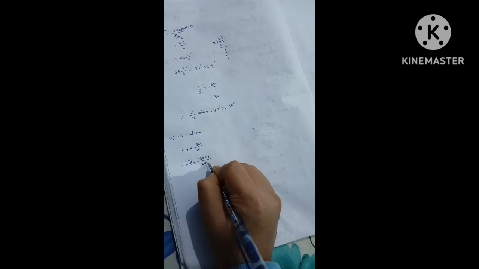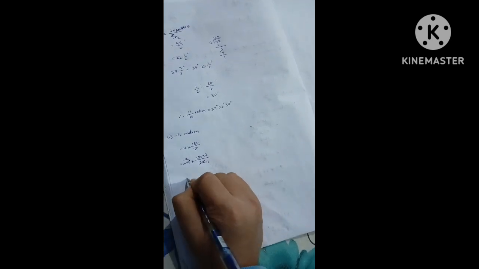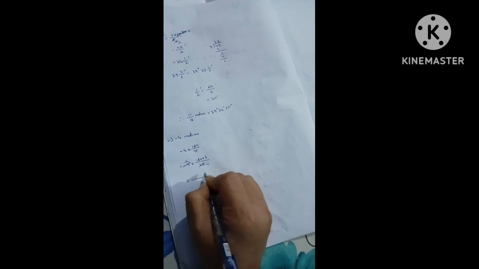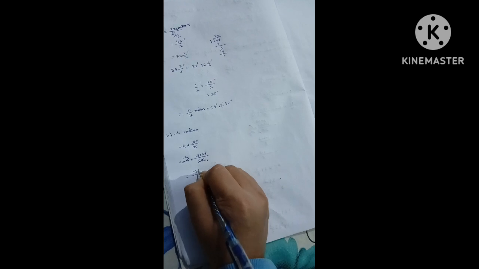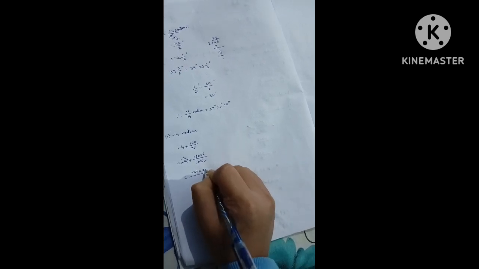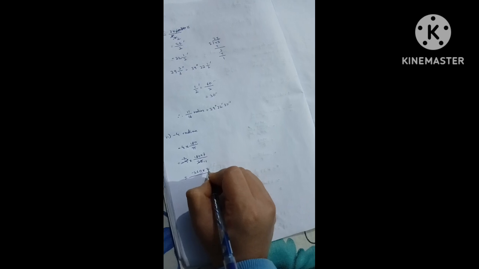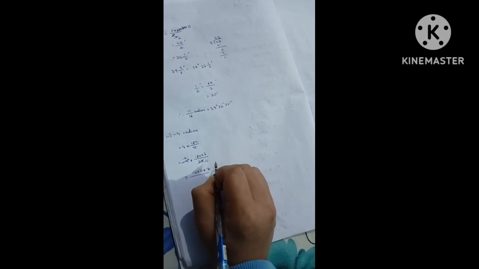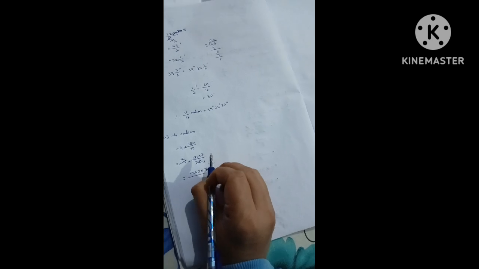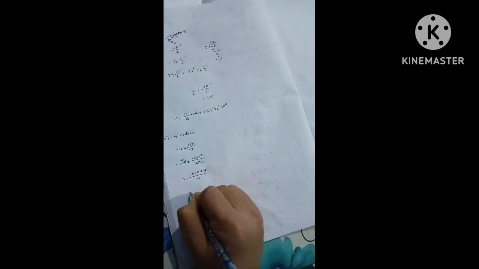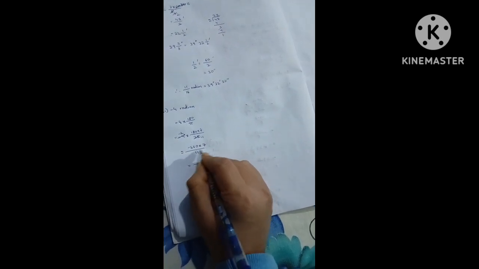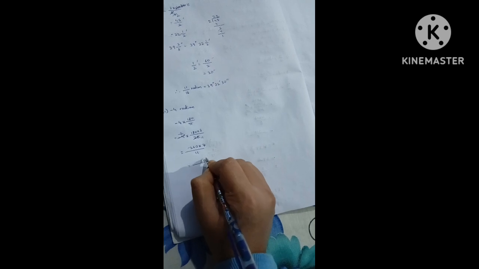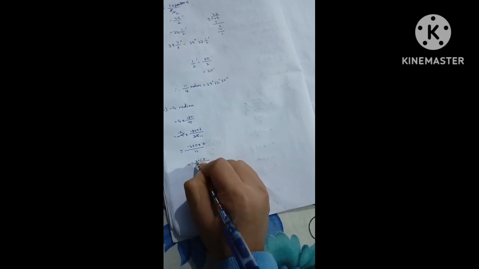So solving this we get minus 2520 upon 11.